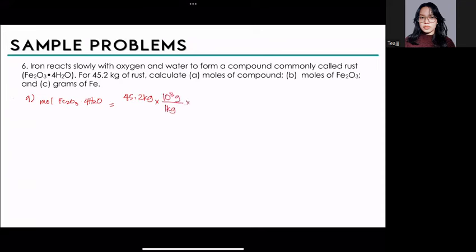Para yan lang. Less chance of getting the conversion factors wrong. So now naka-grams na, we'll just need to get the molar mass of Fe2O3 4H2O.